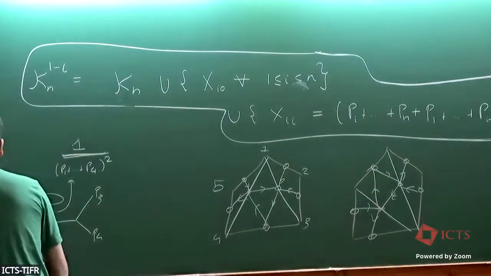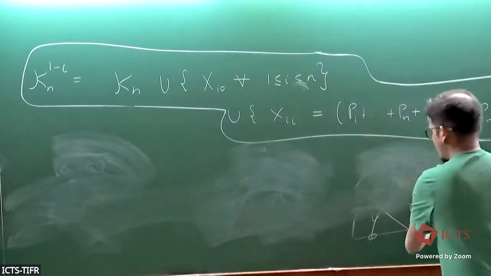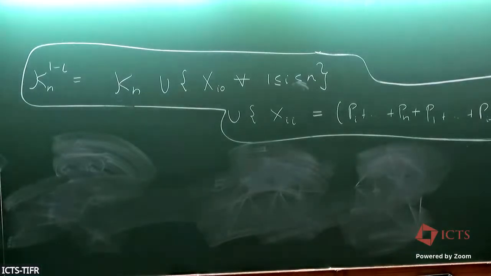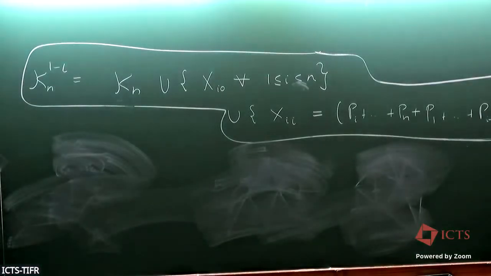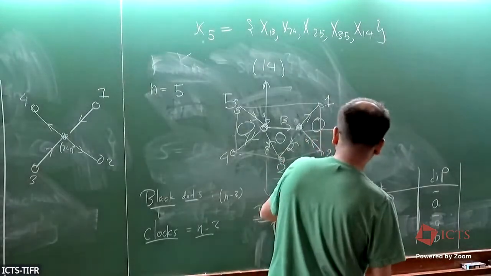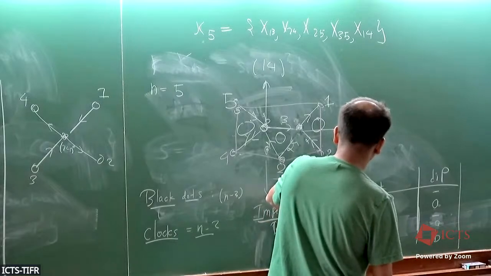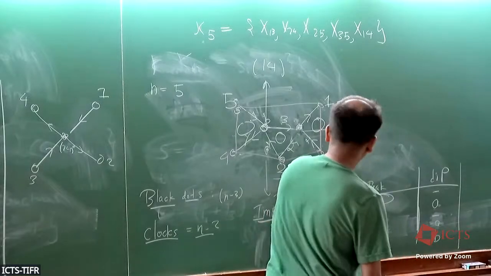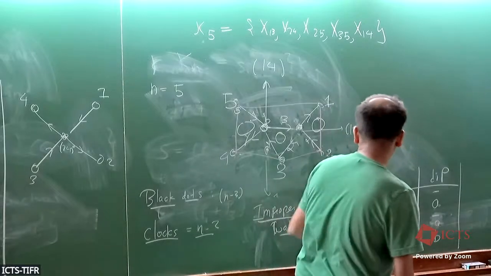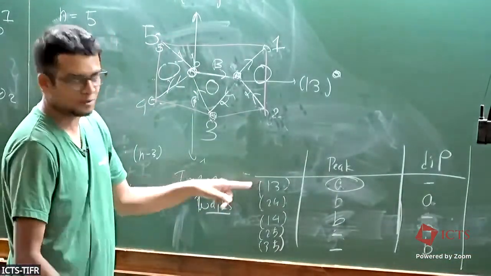Okay, but let's see what geometric and combinatorial structure they give. If you look at 1,3 and 1,4, 1,3 has a peak at A, and 1,4 also has a peak at A. And there is no other path which has a peak at A. So let me write it.